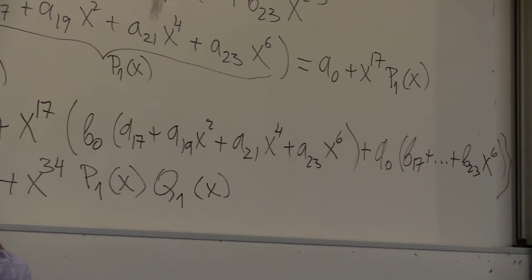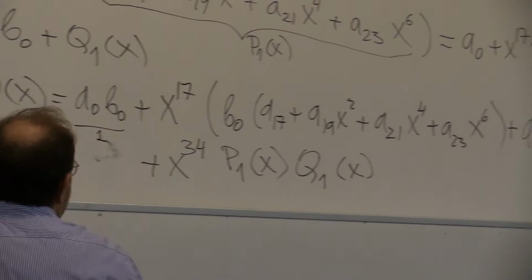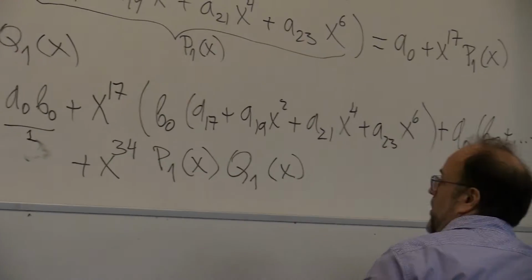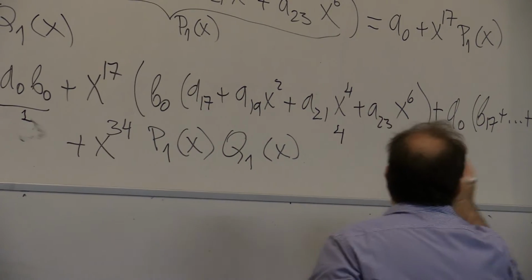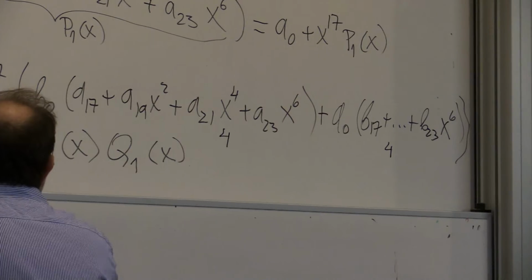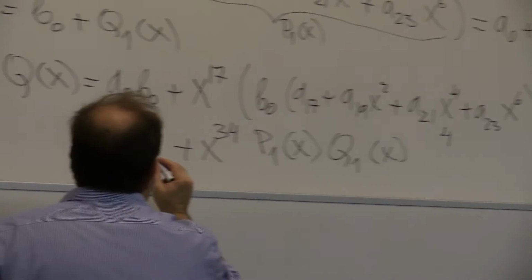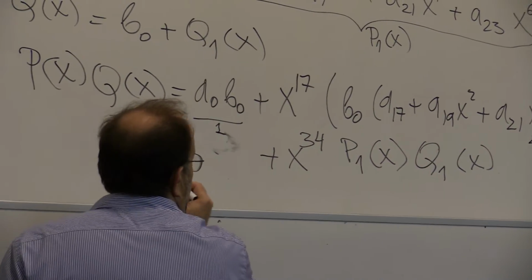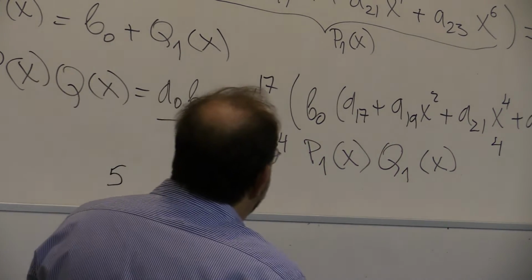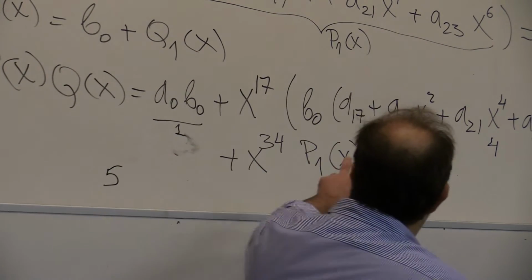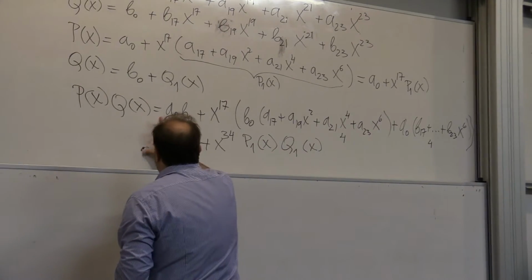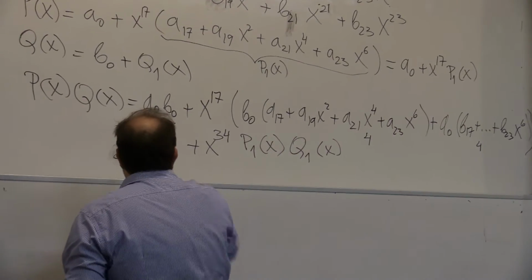So how many multiplications do we need? Well, here we have one multiplication, and here we have 1, 2, 3, 4 multiplications, and here we have another 4. So all together, we have used up 5 multiplications. Did I count correctly? No, 9. 4 and 4, 8, and 1 is 9. Sorry about that. 9 multiplications.